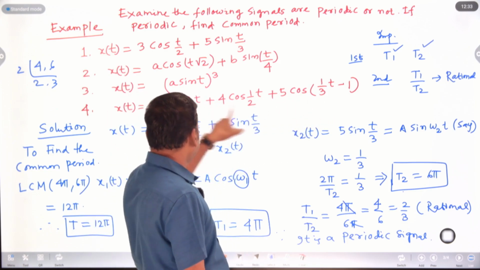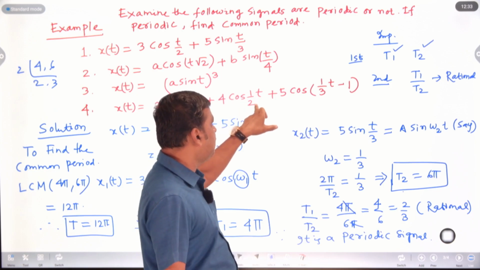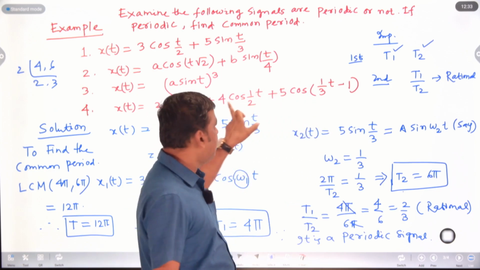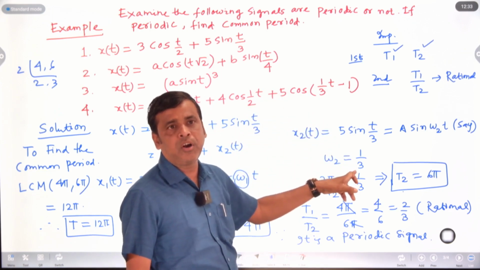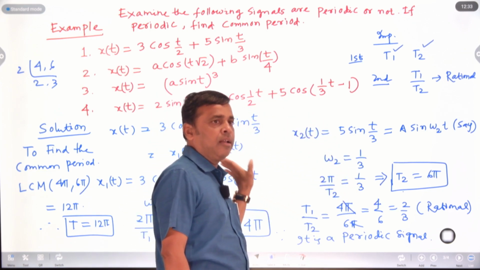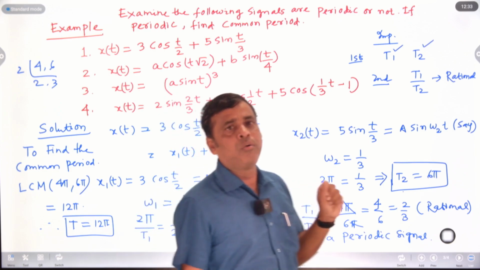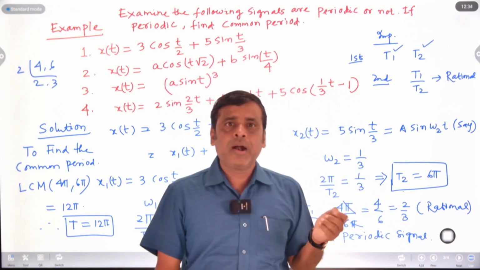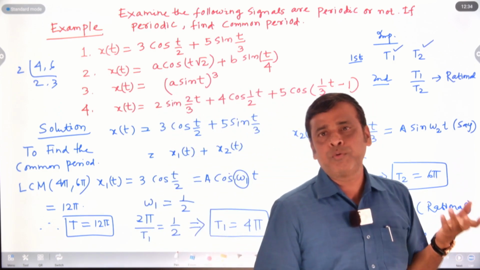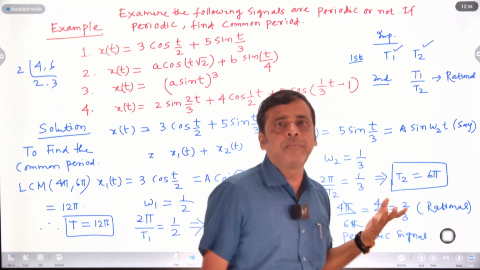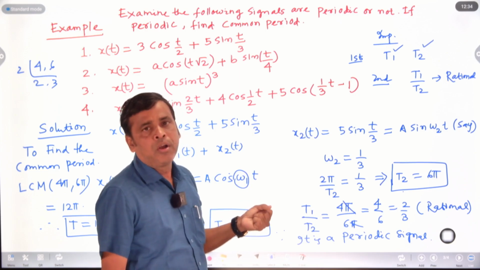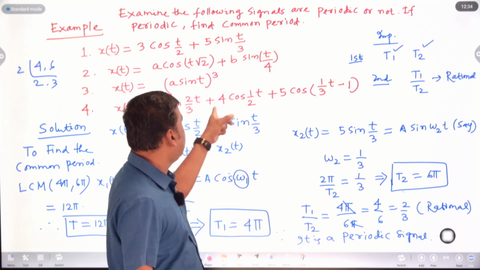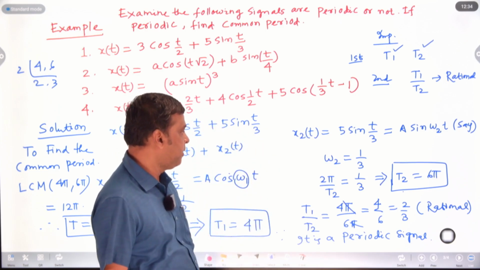In this way you can find t1, t2 and t3. Check whether t1 by t2 is rational and t2 by t3 is rational. If both are rational, the signal is periodic. To calculate the common period, take the LCM of t1, t2, t3, which is the common period of the continuous time signal x of t.